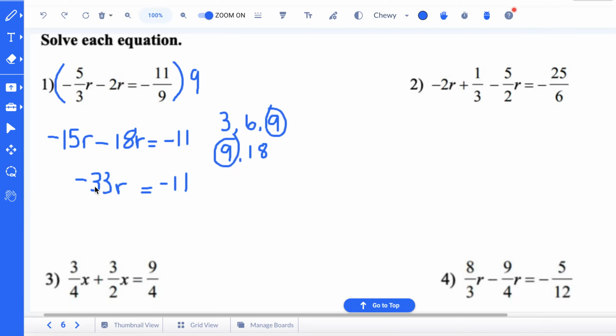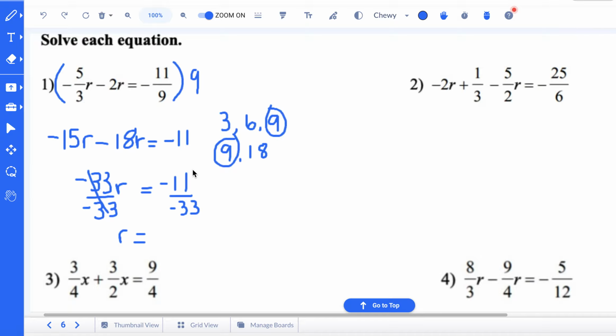So now we are going to get rid of this negative 33, because I need to know how much r is. So I'm going to divide, because the opposite of multiplication is division. Divide by negative 33 on both sides. And now this cancels. R equals, my answer is going to be a fraction.